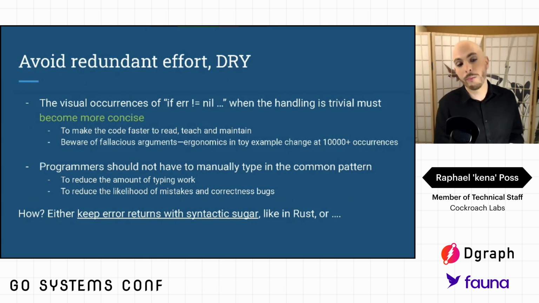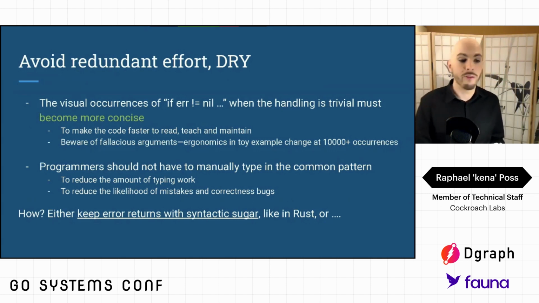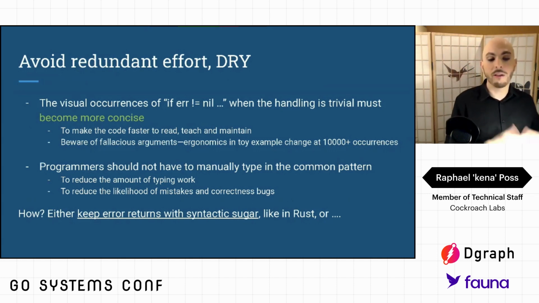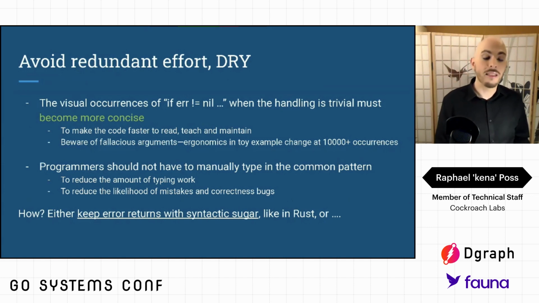Rust, for example, has created the question mark operator, syntactic sugar for checking whether a function that can return errors actually returned an error and then immediately stopping the control flow. Something like that in Go would already be a huge improvement.